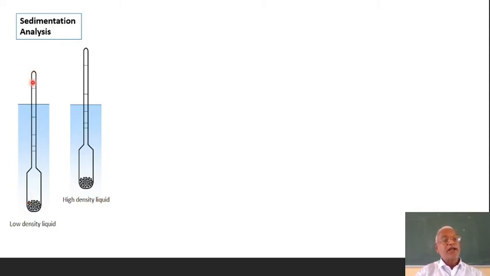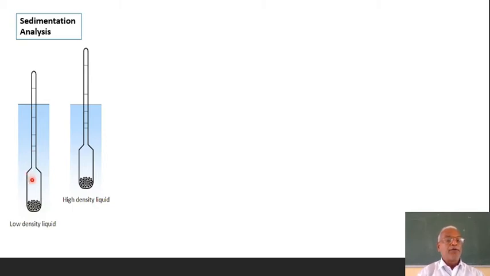It is nothing but a glass tube with a glass bulb with lead balls fixed at the bottom. And when you put it into a liquid, it floats with its neck vertical like that. And there are graduations here.